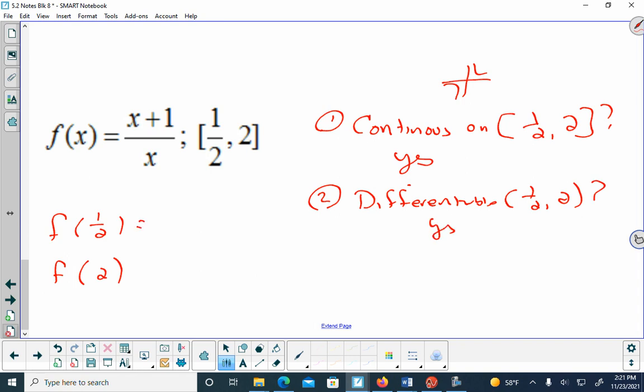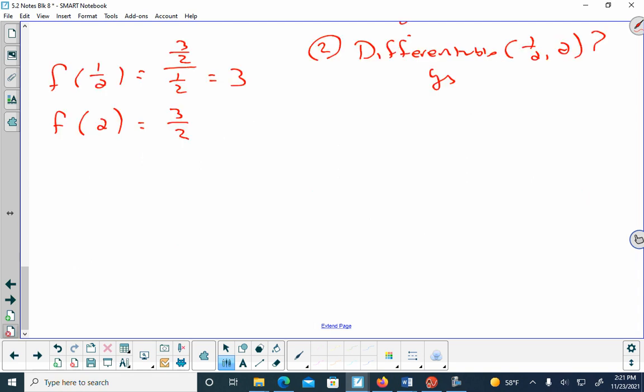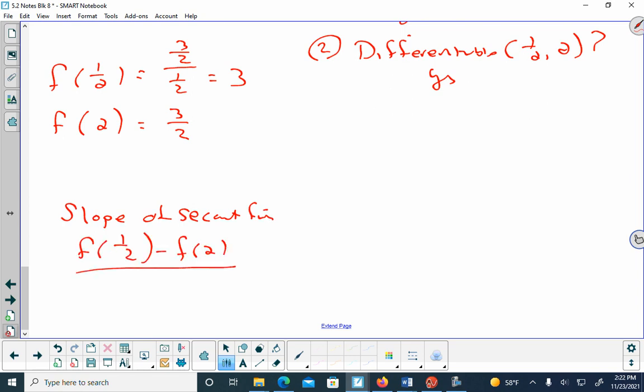So did anyone find f of 1/2? 3/2. So now I want to find the slope of the secant line, which is f of 1/2 minus f of 2 over 1/2 minus 2.